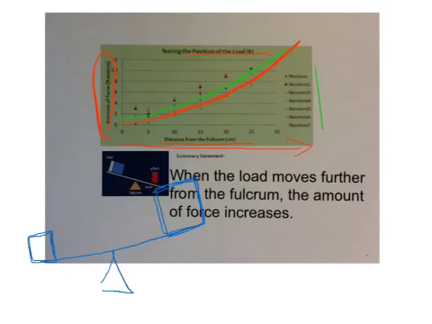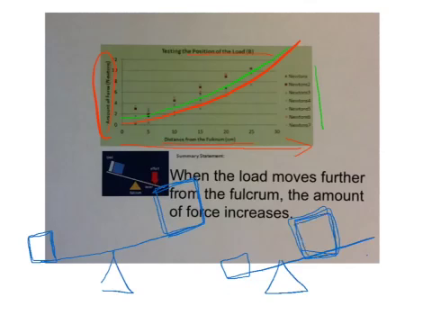We know now that it is because when the load is furthest from the fulcrum on the end, it's going to require more force to lift it. So if we have our friend move closer to the fulcrum, then we will use less force to be able to lift them.